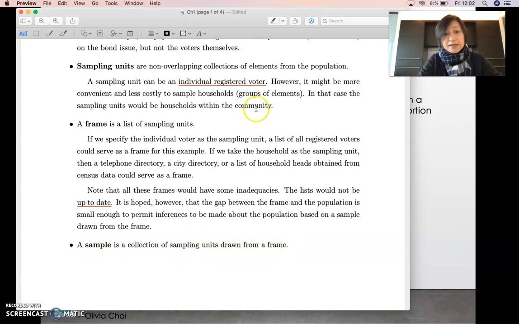So if we have the list of the registered voters, back to the example, we randomly choose a few of the registered voters to be our sample. We ask them the question whether they are in favor of the bond issue, and then we use the sample estimate to describe the population estimate.